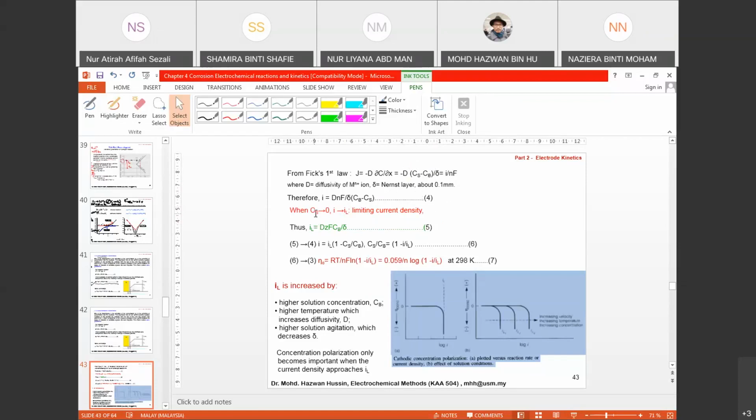All right. So when the concentration of solution is approaching zero, this is where your current density will become IL. IL is known as limiting current density. So what happens when you have IL?